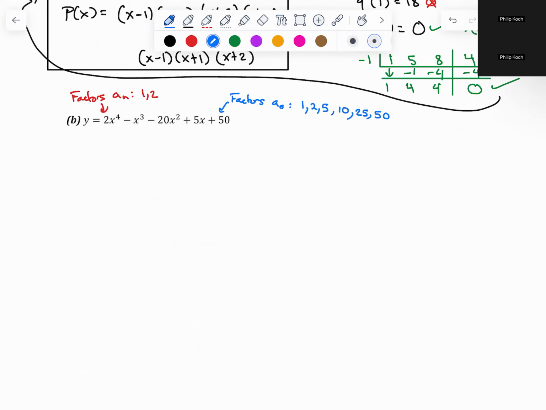So the possibles are plus or minus 1 over 1. So that's 1. Plus or minus 2 over 1, plus or minus 5 over 1, plus or minus 10 over 1, plus or minus 25 over 1, plus or minus 50 over 1, comma. And one thing as a pro tip, another pro tip, as I have done this for a long time, it's never the big numbers.